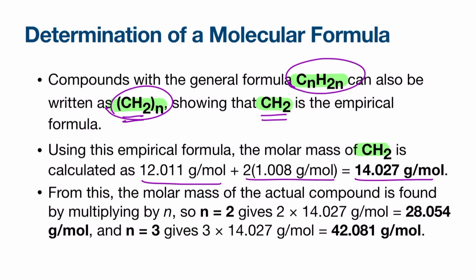From this, to get the molar mass of the actual compound, we multiply the empirical formula mass by n. So for example, if n is equal to 2, then the molar mass is about 28 grams per mole. But if n is equal to 3, then the molar mass is about 42 grams per mole.